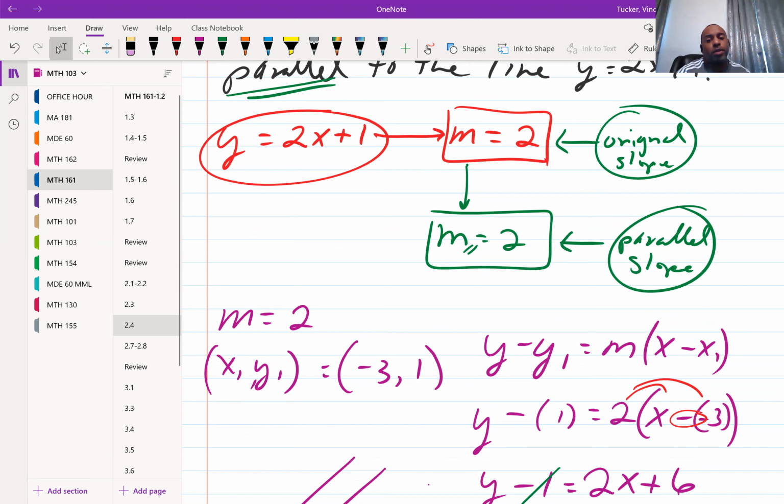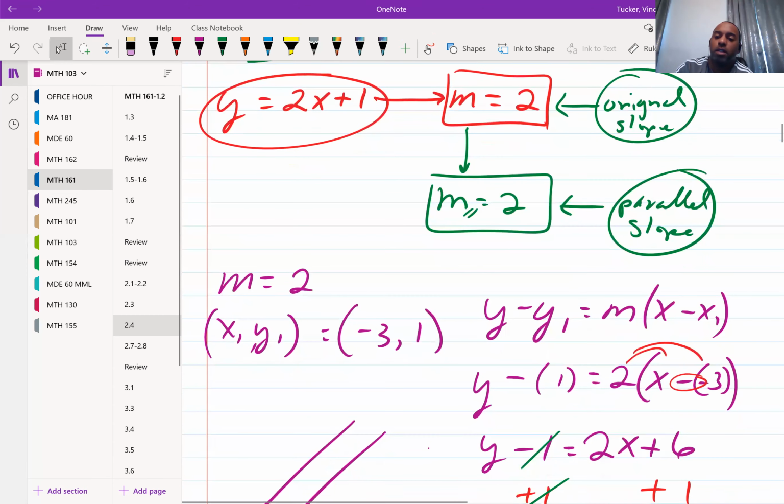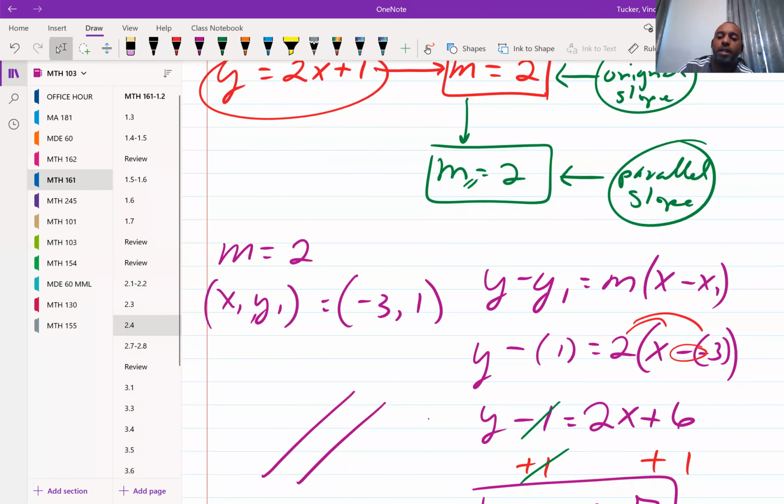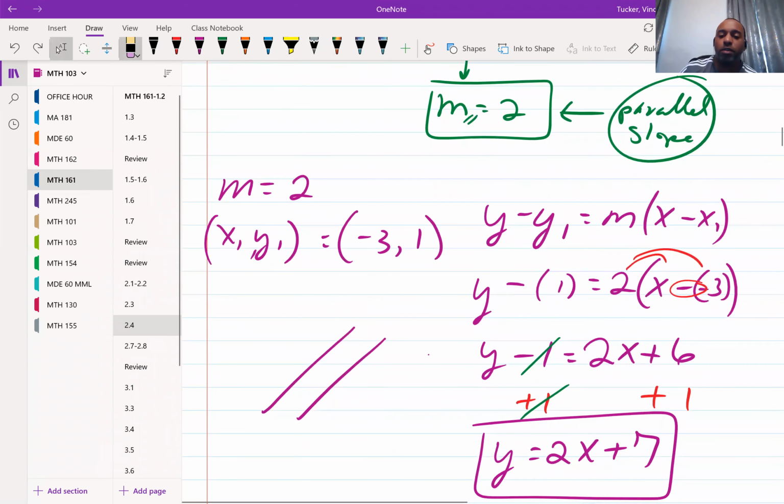So 1 for y1, 2 for your slope, -3 for x1, a negative turns positive, so that's x plus 3 in your parentheses. Distribute 2, and that gives you y minus 1 equal to 2x plus 6. And then add 1 to both sides. y is equal to 2x plus 7.